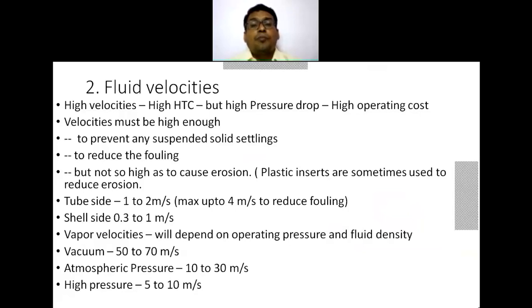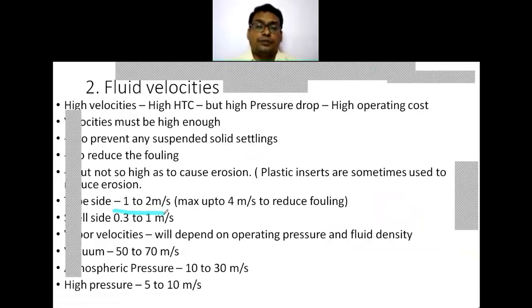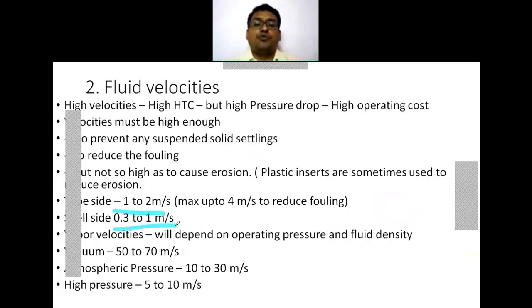There are so many researchers who have worked on this in the world, based on the heat transfer coefficients. And they have concluded that the fluids on the tube side should have velocities around 1 to 2 meters per second, and if it is a shell side fluid, then 0.3 to 1 meters per second should be the fluid velocities.